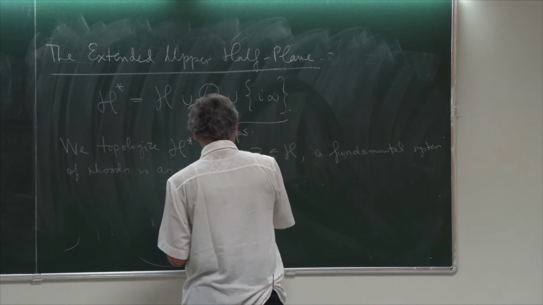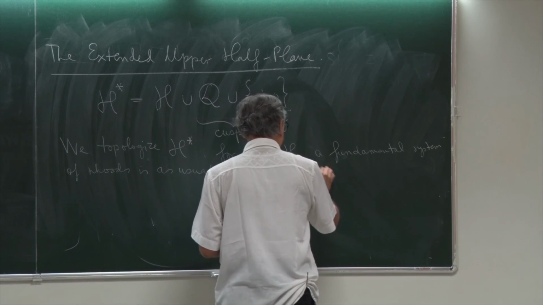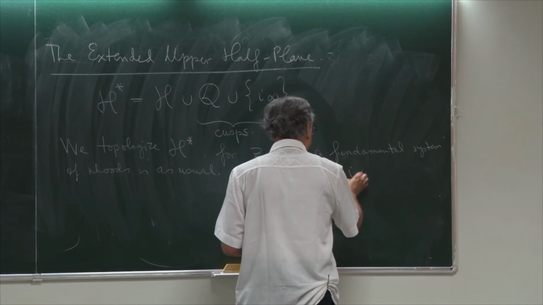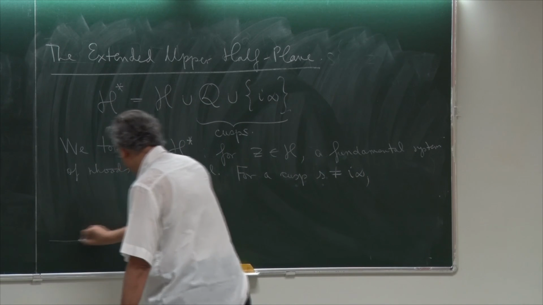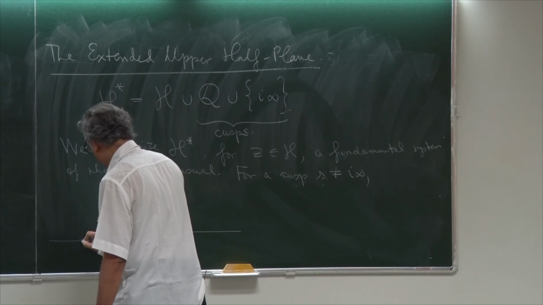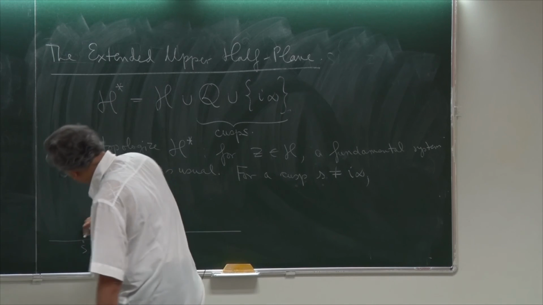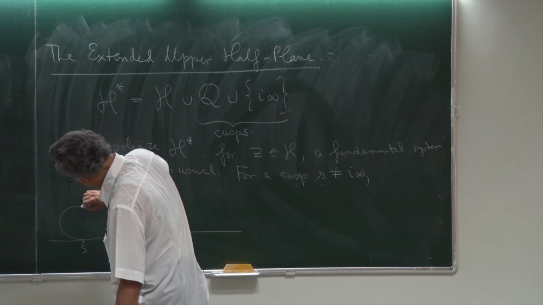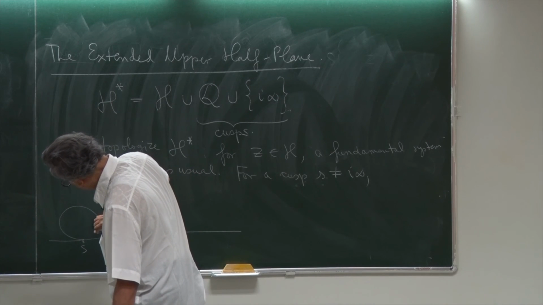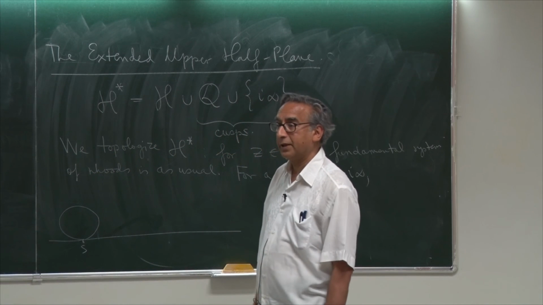For a cusp s, which is not infinity, so s is going to be a rational number, here we have the upper half plane, and here's s. What we will do is take circles that are tangent to that point, but lying in the upper half plane.